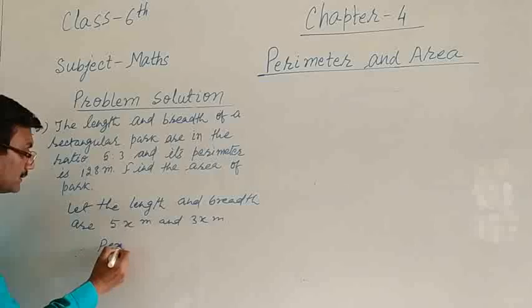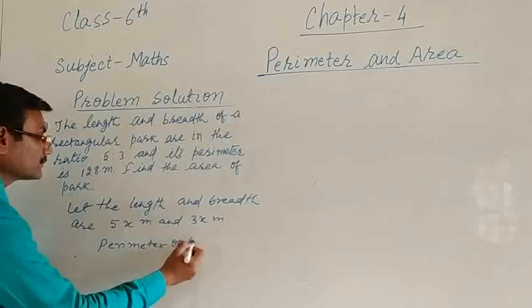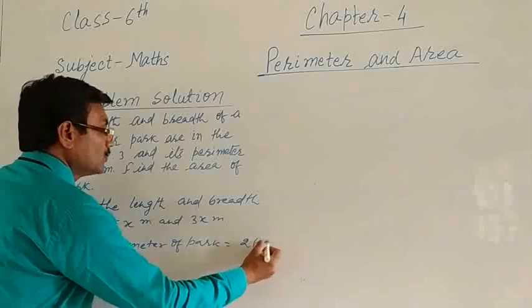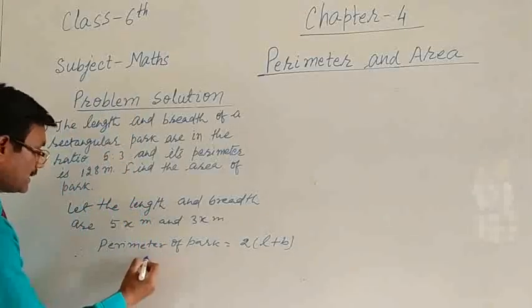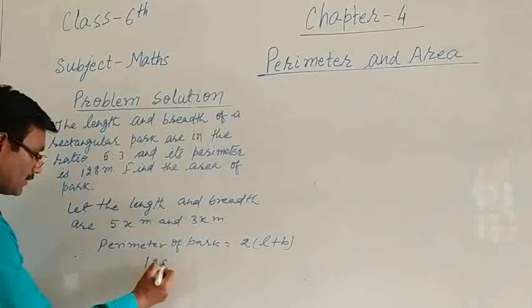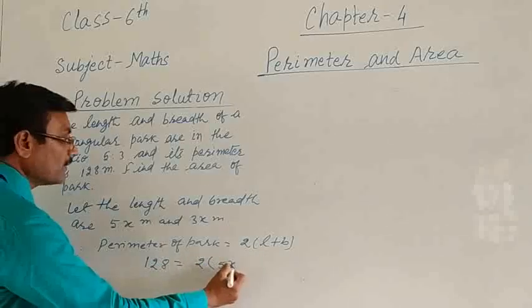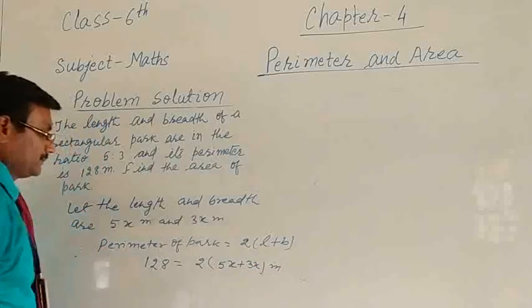Therefore, perimeter of part is equal to 2 into length plus breadth. Then it is given 128 is equal to 2 into 5x plus 3x meter.